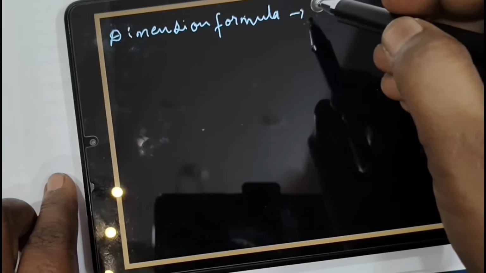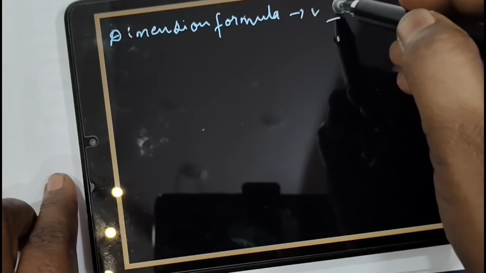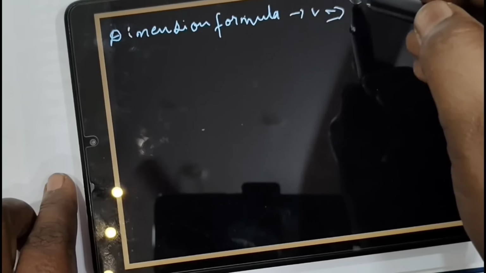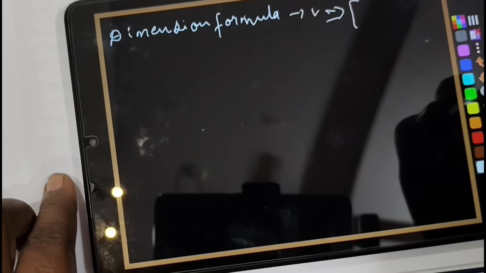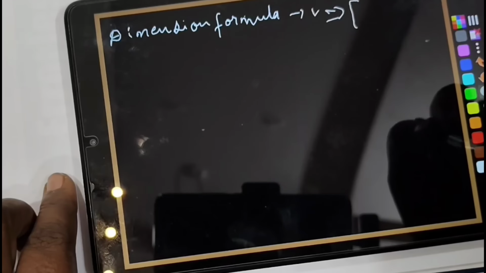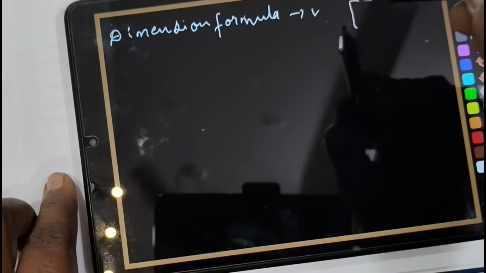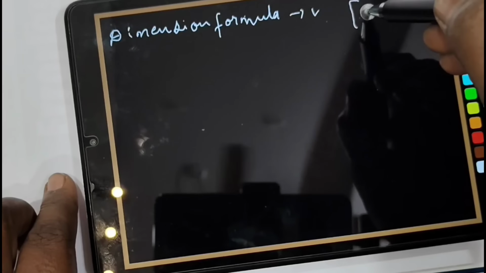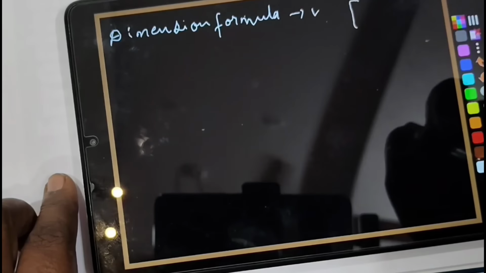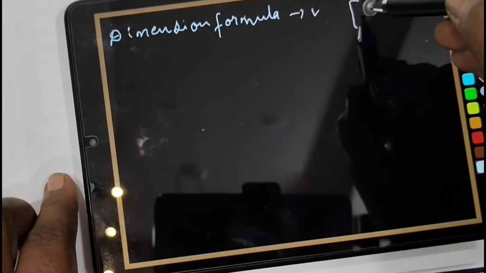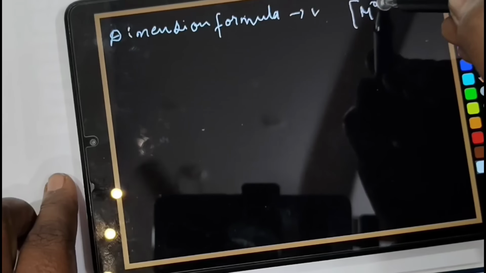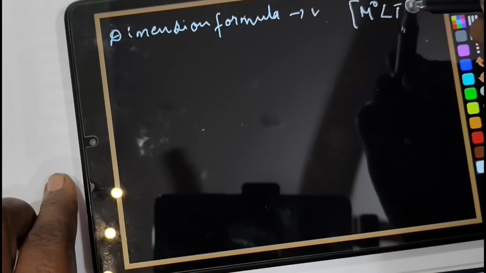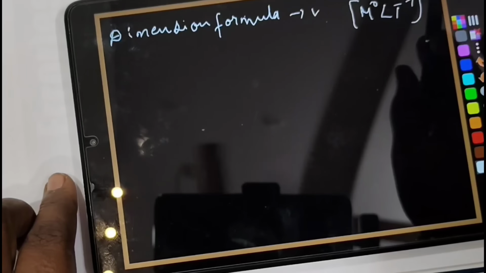So if velocity is asked, then don't take the equal sign, you should not take it, just write the dimensional formula M naught L T raised to minus 1. So this is the dimensional formula.